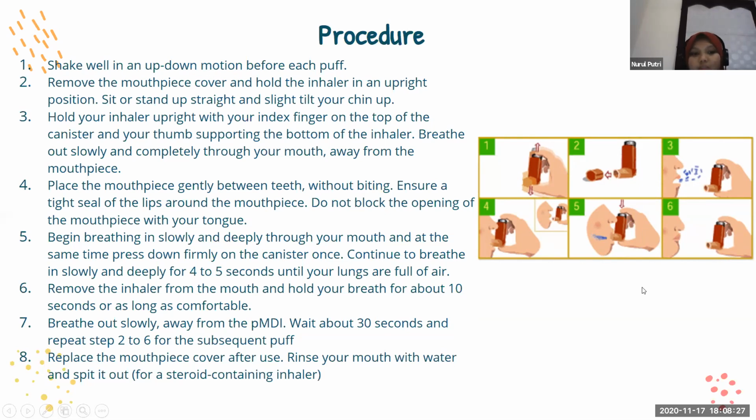Then breathe out slowly away from the metered dose inhaler, wait about 30 seconds, and repeat the steps for a subsequent puff. Then replace the mouthpiece cover after use and rinse your mouth with water and spit it out, especially for a steroid-containing inhaler because it may cause some side effects.